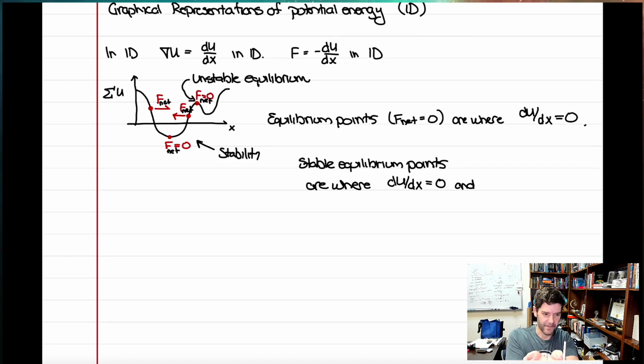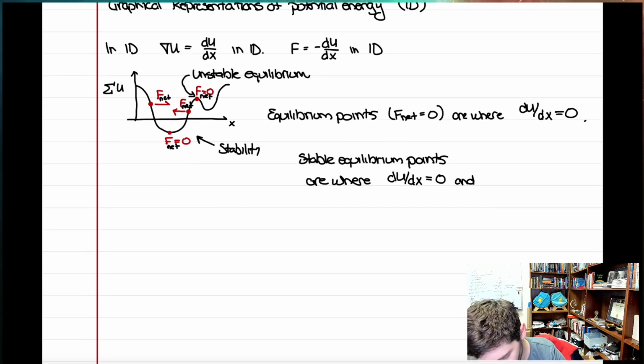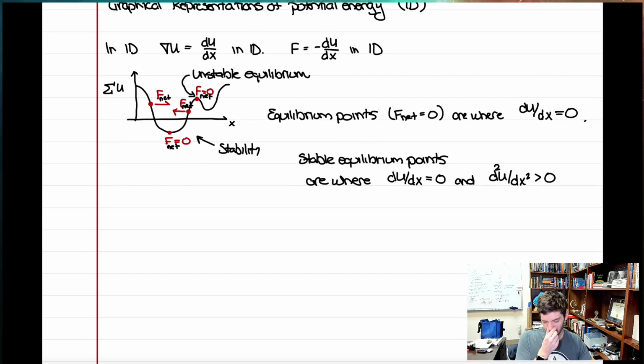Well, it's the concavity, right? If it's concave up, that's a valley. If it's concave down, that's a peak. For a 1D function, concavity, remember, is saying something about the second derivative. So this is also where the second derivative is positive. It gives you a stable equilibrium point, because that says that you're curving up as you go away from the equilibrium point, if you're concave up in both directions.